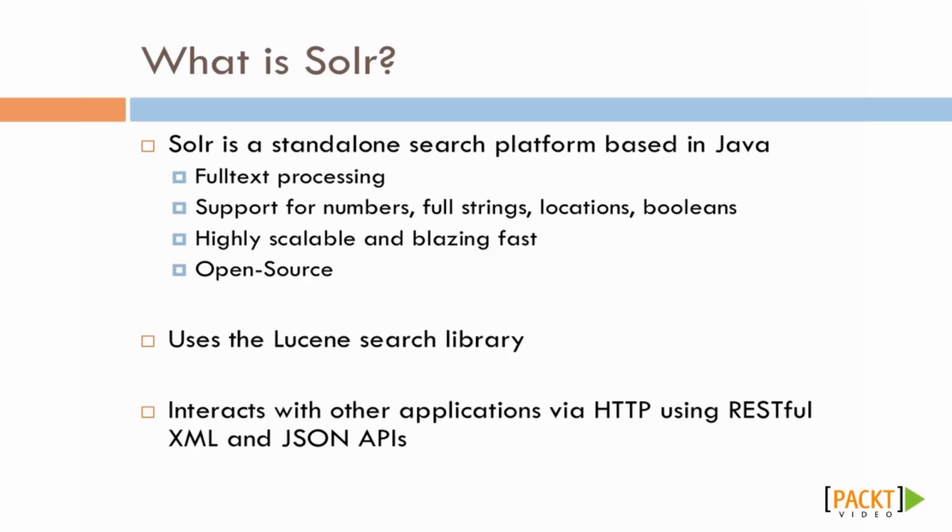It uses the Lucene search library as the engine that powers indexing as well as querying. So what the Solr component actually does is integrate the computations that Lucene performs into a service that you can then query and get information out of using RESTful XML and JSON queries over HTTP.